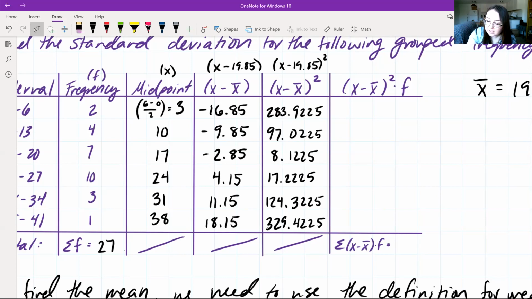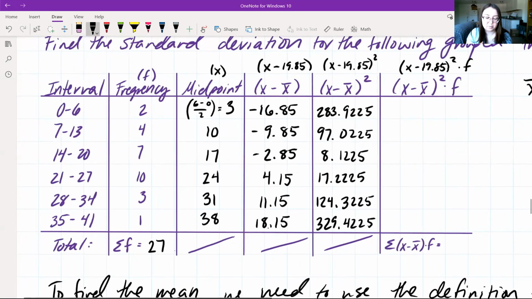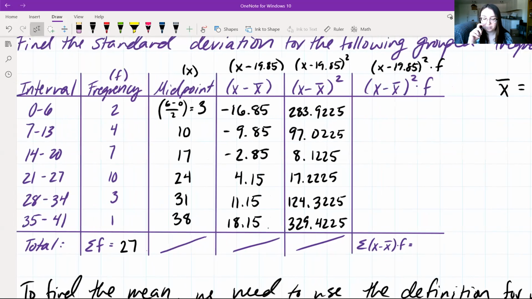So in this case, we're taking x minus 19.85, which was squared, and multiplying it by our frequency, which is f. So in the first case here, we're going to take 283.9225 and multiply it by 2. Once again, this number is going to be longer, so I'm going to erase this and write the value.